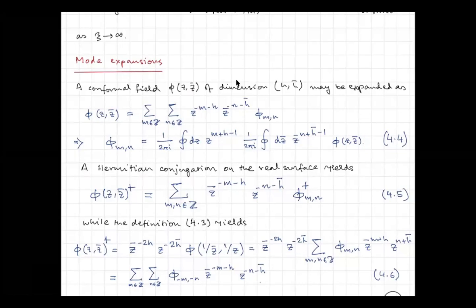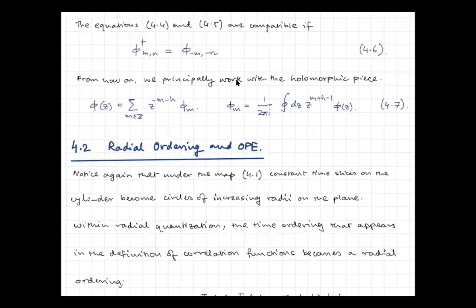So we are doing a Laurent expansion of this, not only in z's but also in z bars. And we also saw that the Hermitian conjugation here led to the fact that phi dagger had to be equal to phi with the mode numbers with some extra signs. So that's what we found.